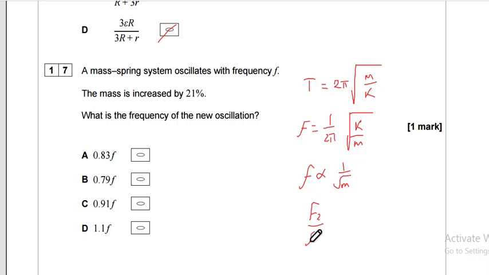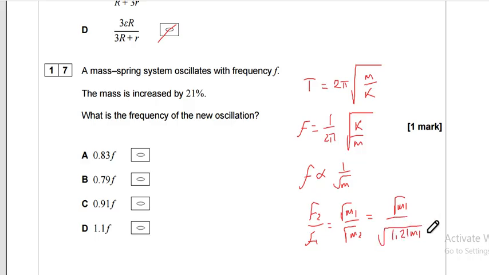So f2 over f1 equals root m1 over root m2, which equals root m1 over root 1.21 m1.